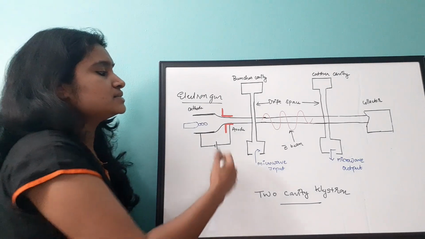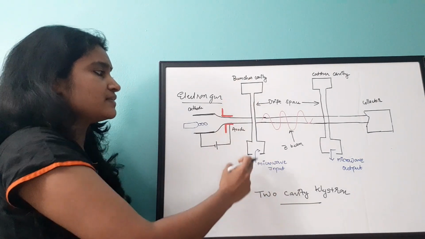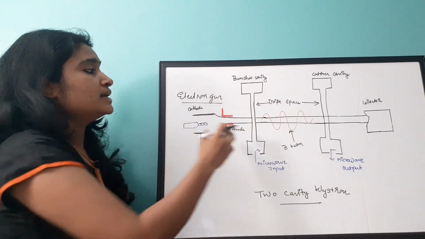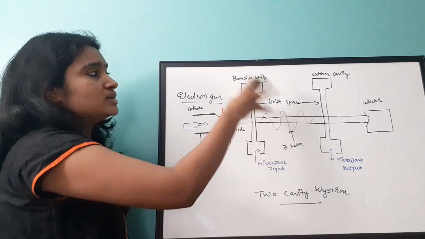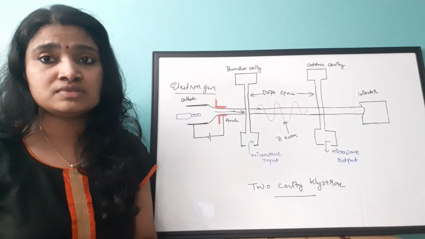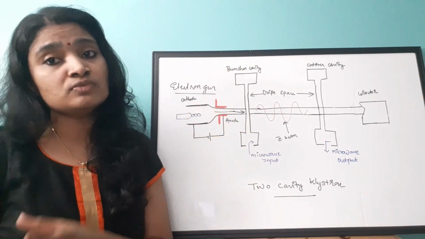And hence, when we apply the signal at the resonant frequency of this cavity, standing waves will be created inside the buncher cavity and these standing waves will produce an oscillating voltage.